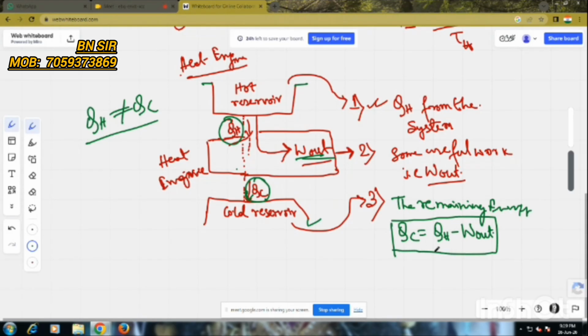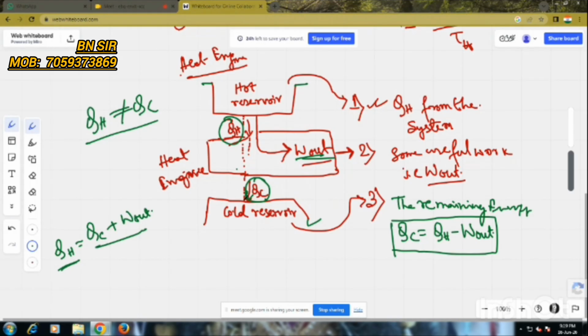One question can come: how is QH evaluated? How much energy is taken out from the hot reservoir? QH is equal to QC plus W out.